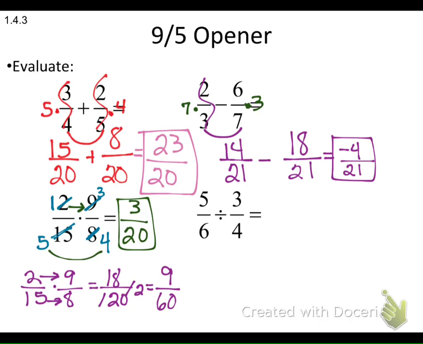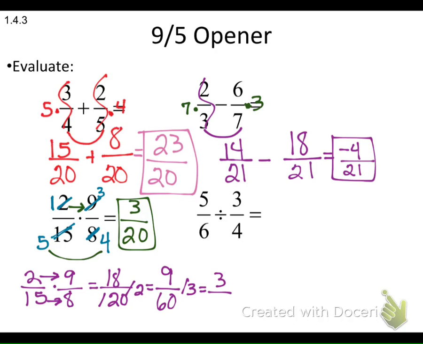Can I reduce this any further? Always ask yourself, you guys, is it divisible by 2? Do they both end in an even number? No. Are they both divisible by 3? Can you divide each of these numbers by 3? Yeah. So what's 9 divided by 3? 3.